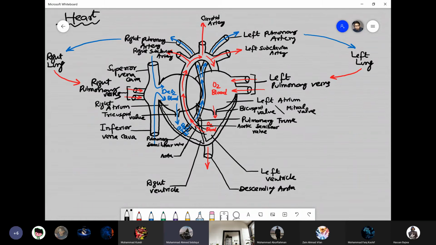Now, again, what is the job of these valves? Remember that all the valves always have one job. And what is that job? Prevent the backflow of the blood. Now, boys, here, a very, very important thing. If you see that the right side is blue, left side is red.